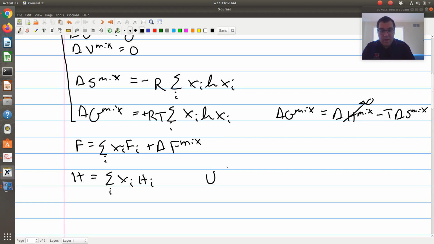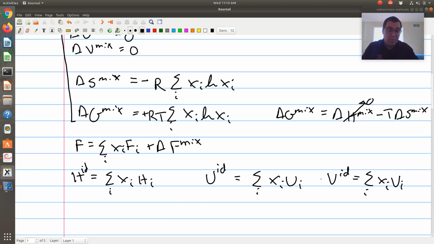U of my ideal solution, if I put an ideal on here, U ideal, I've only got one superscript now, is the sum over i of x_i u_i, and V ideal is the sum over i of x_i v_i. So the enthalpy, internal energy, and molar volume of my ideal solution is just the molar average of those pure component values.